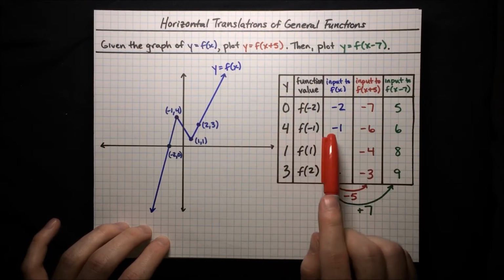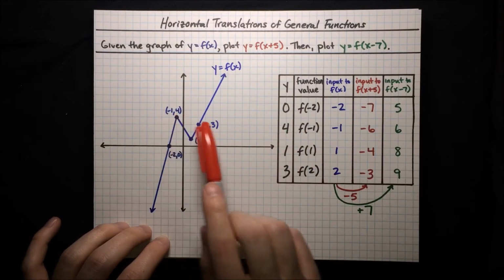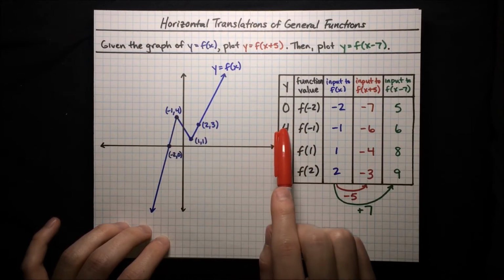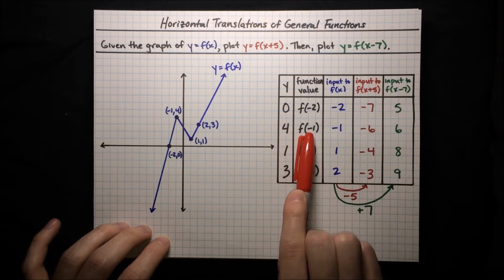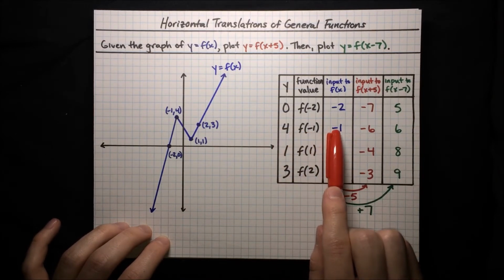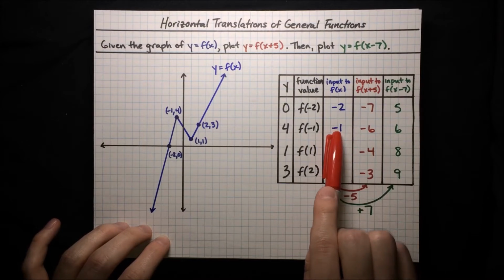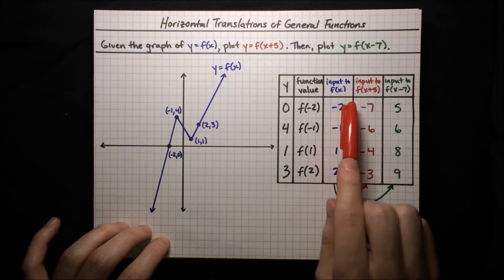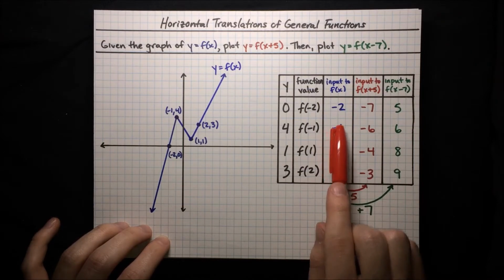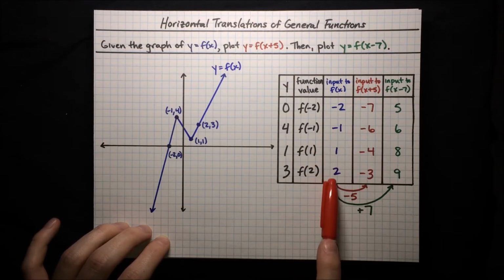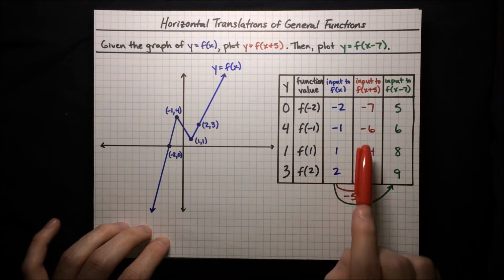That's the same here also for the point -1, 4. So y value is 4. That comes from the function value of -1. So we want the input of -1, and in order to get that input into the function f of x plus 5, we need to input an x of -6. We need to decrease that -1 by 5. -1 minus 5 is -6.